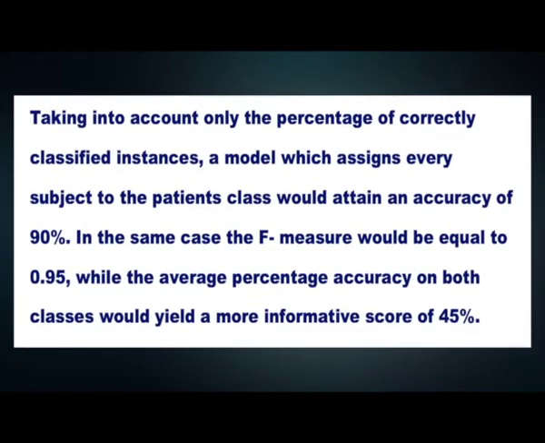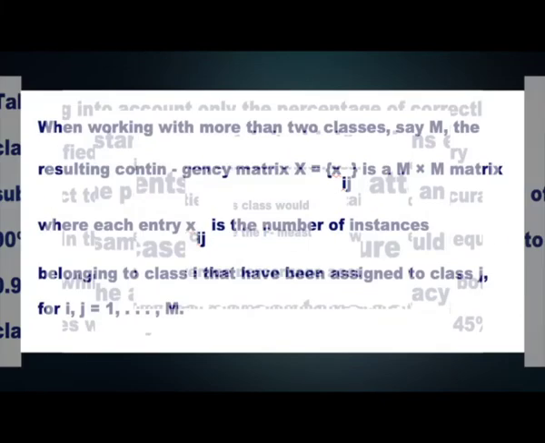Taking into account only the percentage of correctly classified instances, a model which assigns every subject to the patient class would attain an accuracy of 90%. In the same case, the F measure would be equal to 0.95, while the average percentage accuracy on both classes, PA average, would yield a more informative score of 45%.